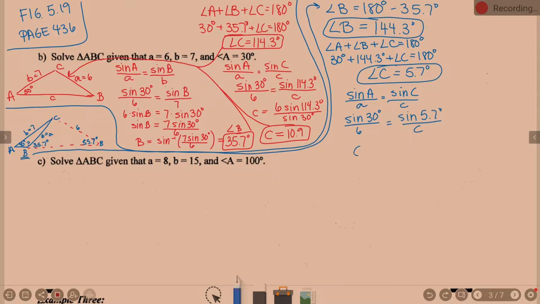So C is going to be equal to 6 times sine of 5.7 degrees divided by sine of 30 degrees. C is very tiny again, right? What is it?